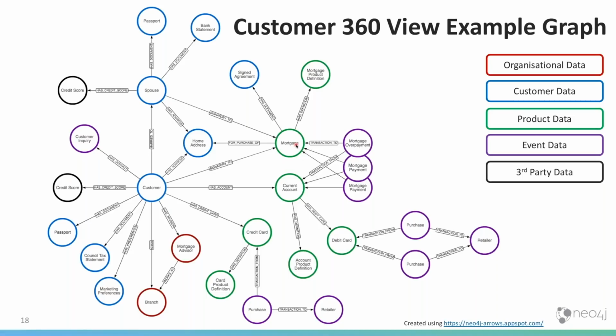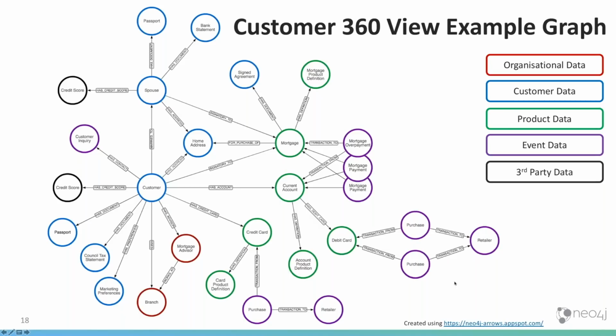We can see that in addition to their mortgage, the customer has a current account and a credit card. We can see each of those products has a specific definition. We can see a few transactions. So we can see the current account has paid into the mortgage twice, as well as an overpayment. And we can see the current account has some debit card activity, a few purchases from a single retailer.